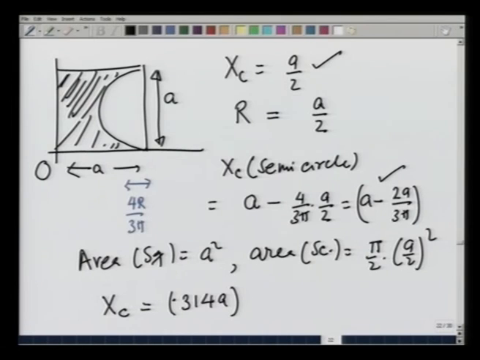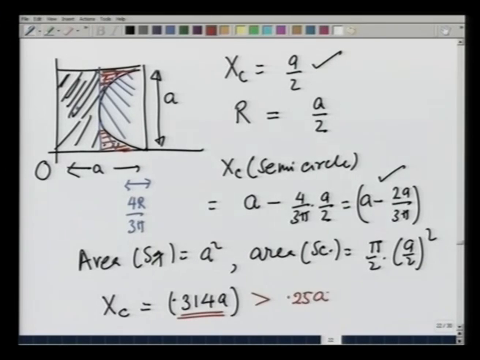Notice that if I had removed this half, let me make it with blue, if I had removed this half blue of the square, the x c would have been here at 0.25 a, but because of this extra area which I am showing here to the right, the centroid shifts slightly to the right and is at 0.314 a, which is greater than 0.25 a.